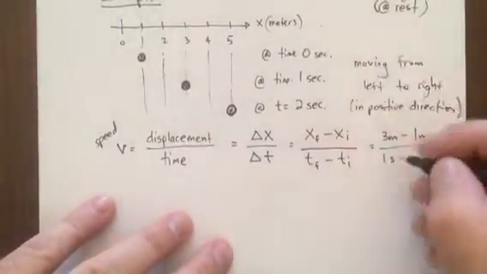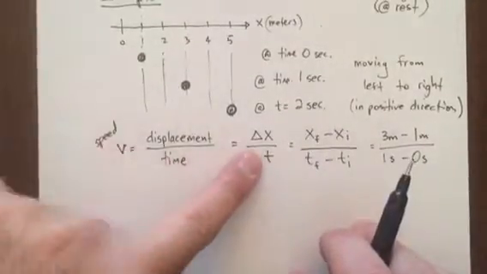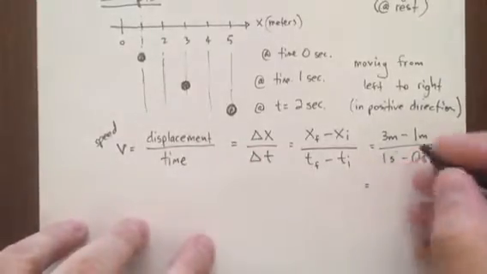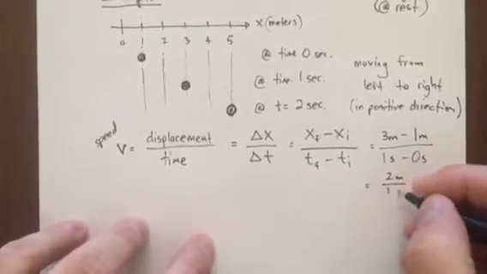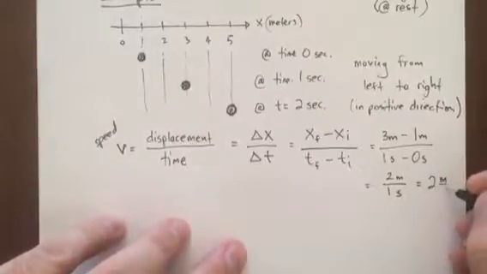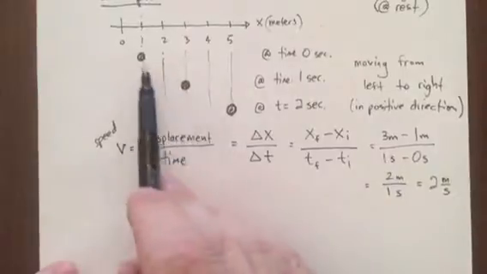And the initial time was 0 seconds on our watch. A lot of the time you can start time whenever you want, so maybe you won't see this change here. It'll just be over t. Well, let's calculate this. 3 minus 1 is 2 meters. 1 minus 0 is 1 second. So our velocity must have been 2 meters per second. Now we figured that out from this point to this point.